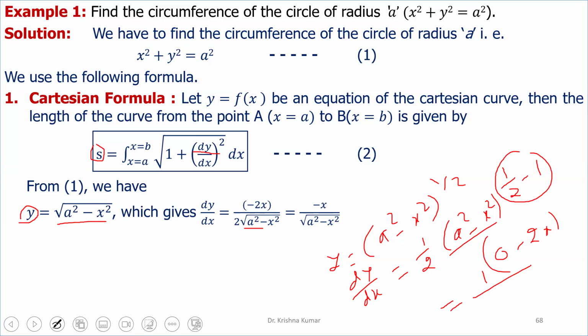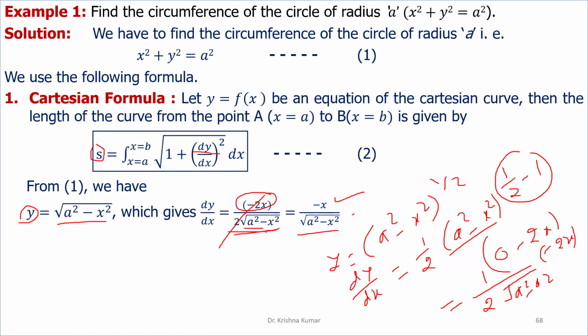So 1 upon 2 root over a square minus x square, and this is minus 2x. So the answer is minus 2x upon 2 root a square minus x square. This is the derivative of y with respect to x. Now this 2 and 2 will cancel. So we have minus x upon root a square minus x square.